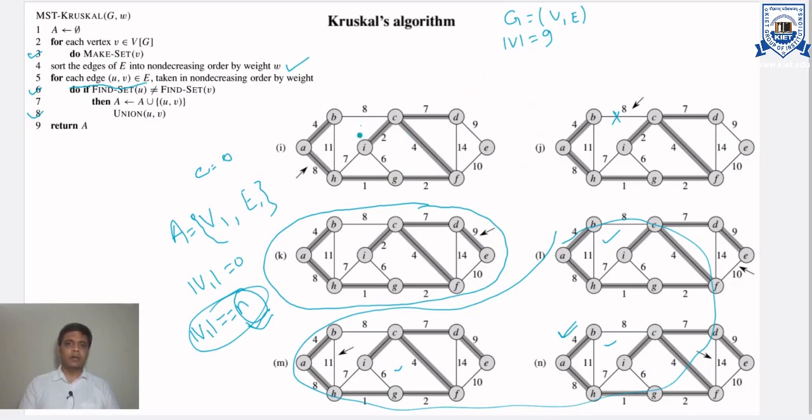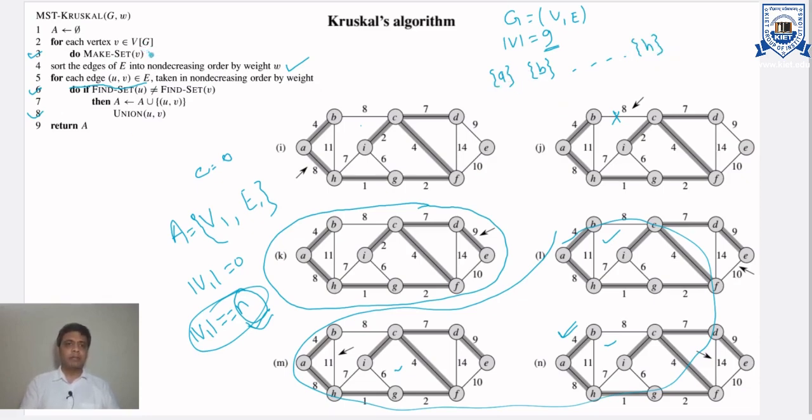There is a set named A, let's say. There is a set B. So 9 vertices are there in the given graph, so there would be 9 sets. All the vertices are separate sets.